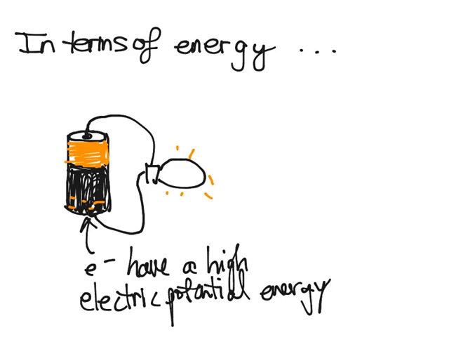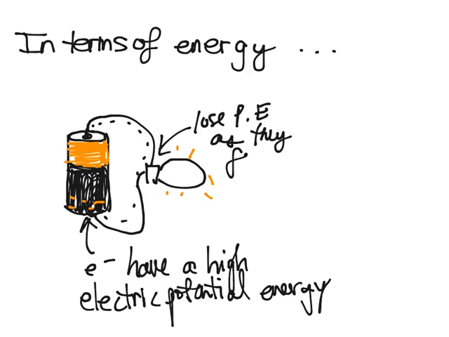And by the time they flow through the light bulb and get to the positive side, okay, they lose potential energy as they flow through the light bulb. And they're at a low potential energy by the time they get back to the other end of the battery.